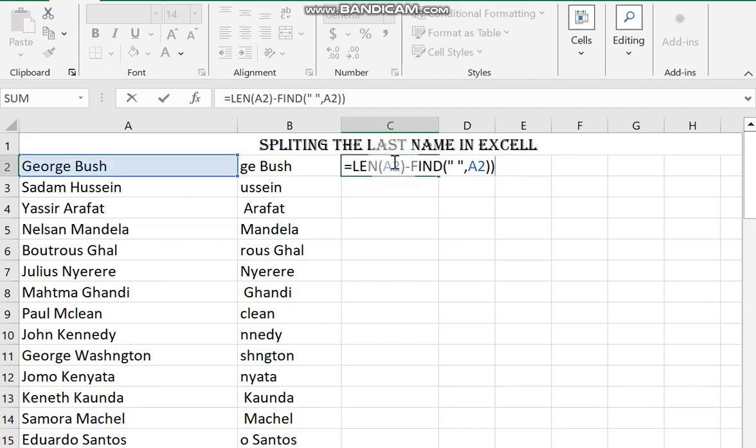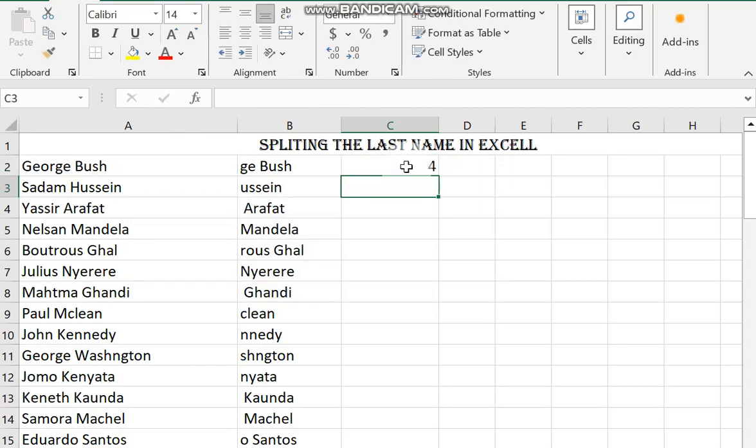Well, the formula is to find the total length of this word, minus the length of the word from first name to space. Press enter.